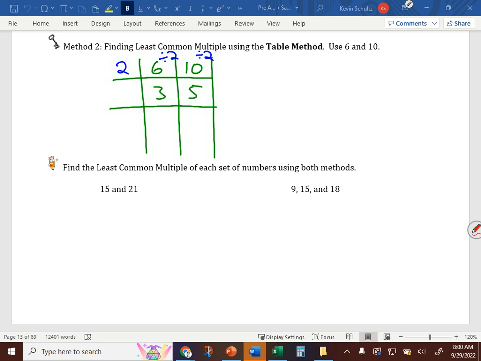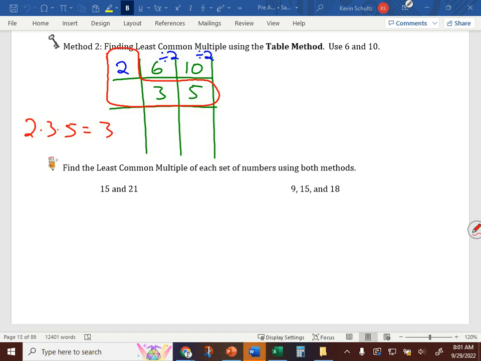Instead of just taking that 2, once we run out of numbers to take out of this, we make an L for least common multiple. Isn't that brilliant? An L for least common multiple, and we multiply all of them together. What's 2 times 3 times 5? 30, right?